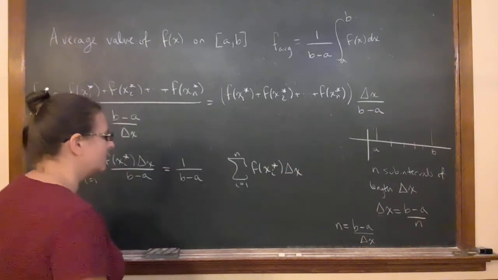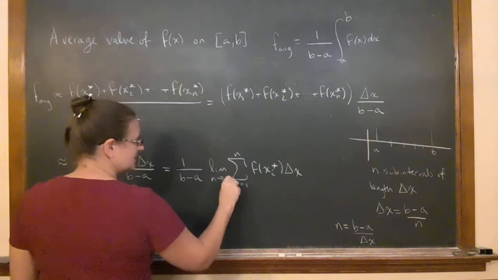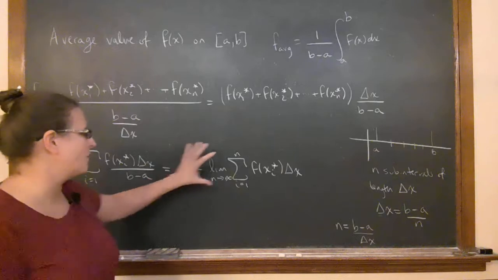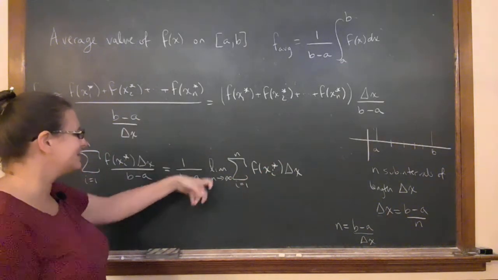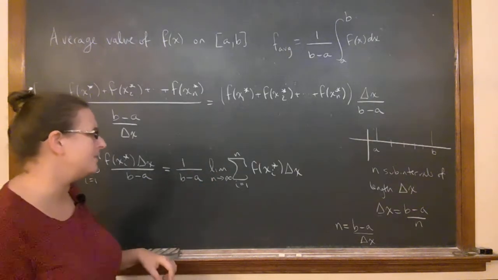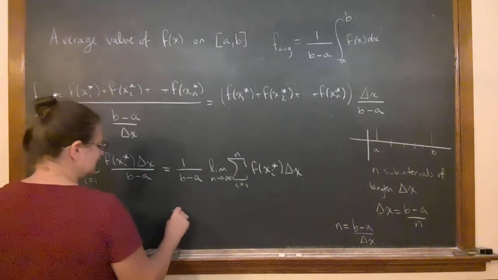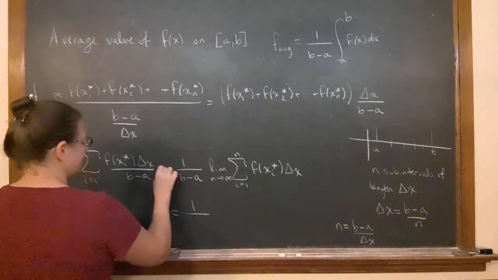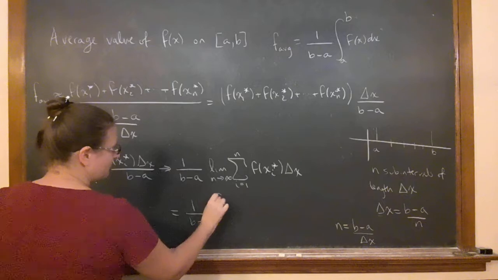Because what I really want to do is take the limit of this as n goes to infinity. I can pull the 1 over b minus a out because there are no n's in it, so the limit doesn't even see that. So what I have here, once I take the limit, is what I want.